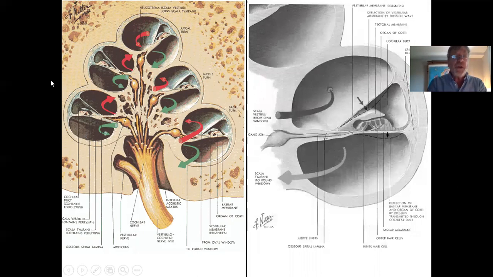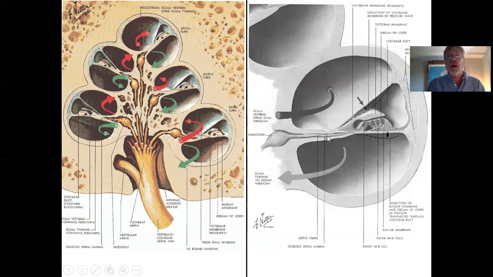And the red arrows is motion of fluid going through the scala vestibuli, down through the helicotrema, scala tympani, to bounce and hit the round window. So the oval window is associated with scala vestibuli, the round window is associated with the scala tympani.